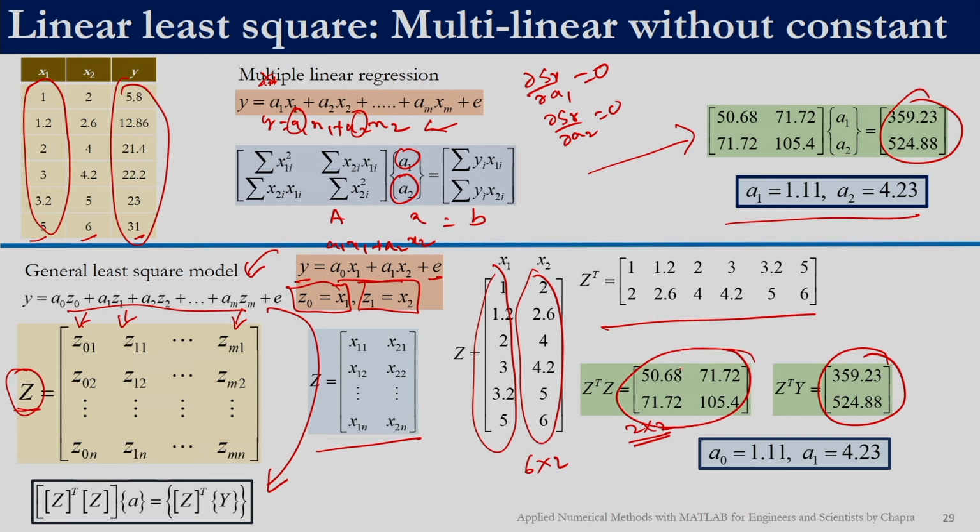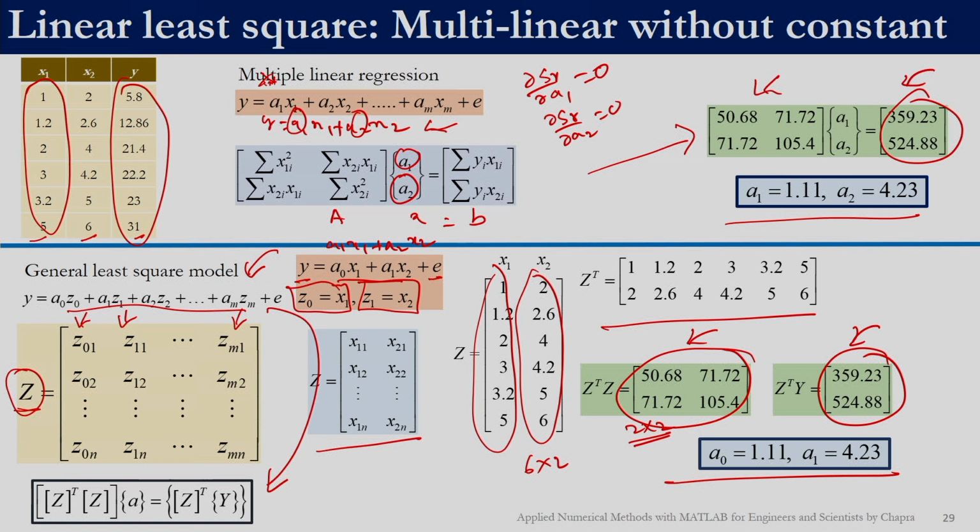Now if you see, this A and B is identical to what we obtained over here. So, solution would be the same, a naught is equal to 1.11 plus a1 is equal to 4.23.